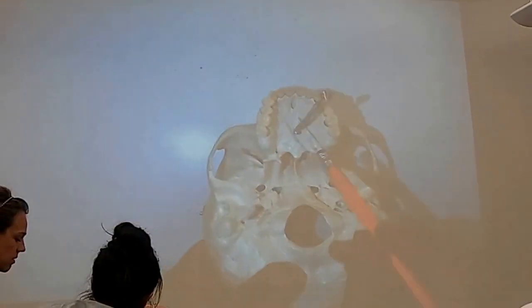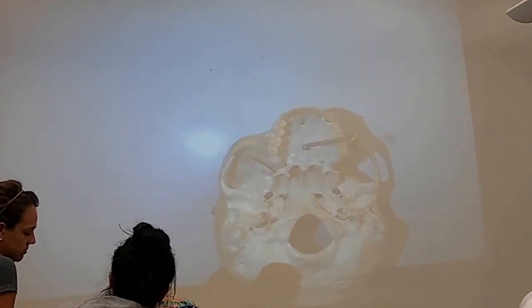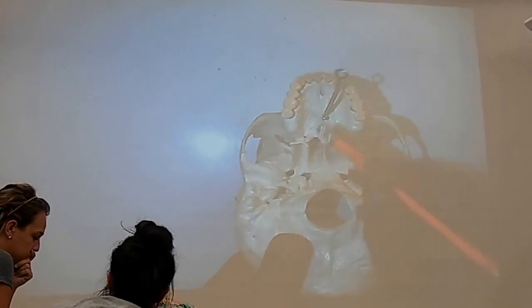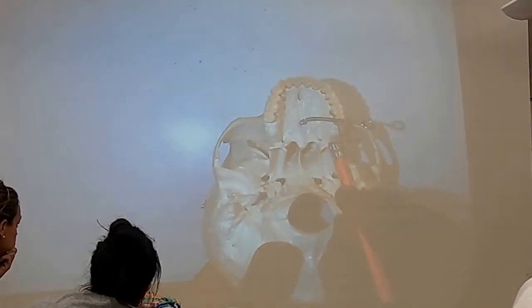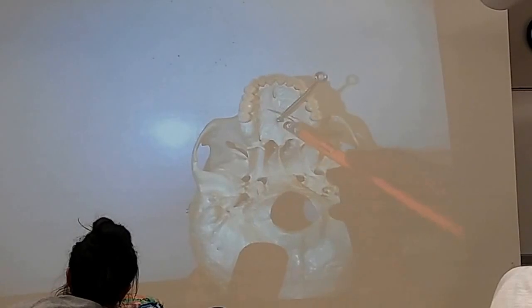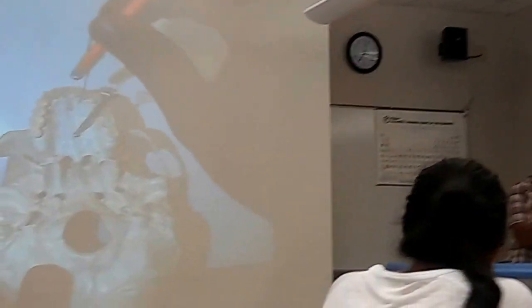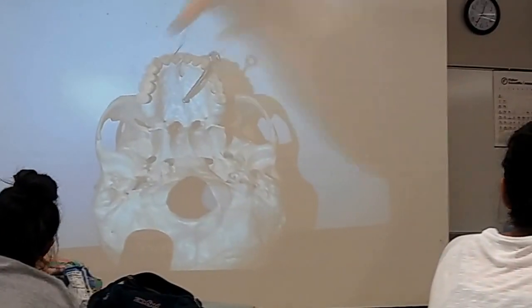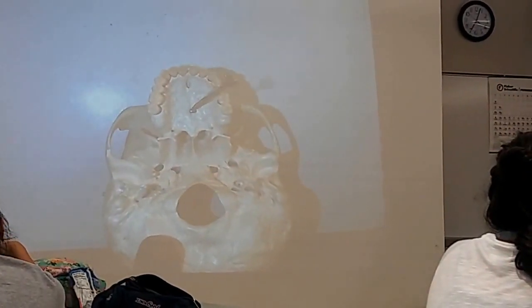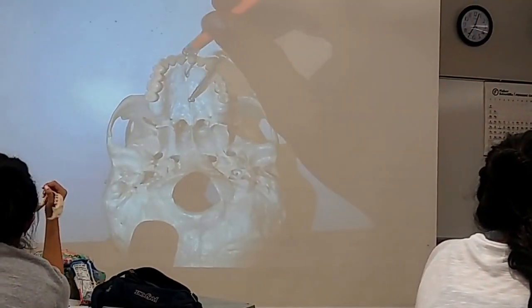So let's start from anterior going back. If you remember, this is the alveolar margin of the maxilla. This is the palatine process of the maxilla. This foramen here is the incisive foramen. Incisive, behind the incisives. Incisive foramen.